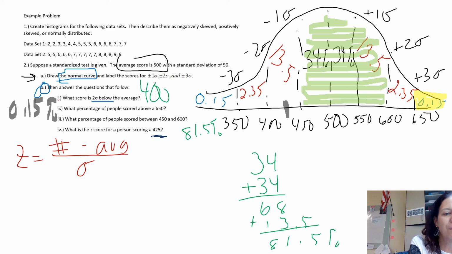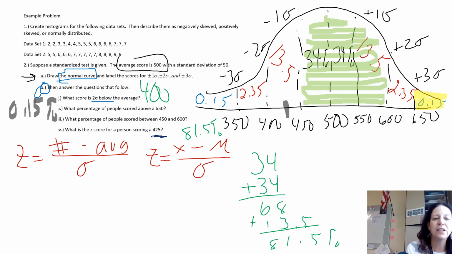Typically you would see it like this, I think, on your reference sheet. It's X, they use an X instead of a number. They use that funny little symbol, and then standard deviation was that sigma. That funny little symbol that I did, that's called a mu. It's the Greek letter mu, M-U, and it looks a little bit like an M and a little bit like a U, so that makes it easy to remember. M-U, mu. It's like the sound a kitten makes. Mew. I don't have a voice.